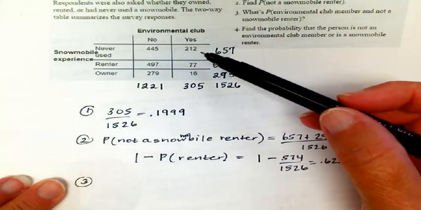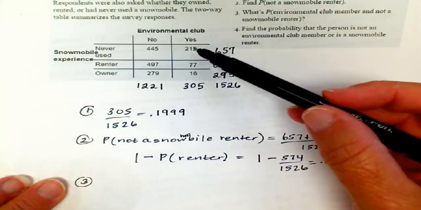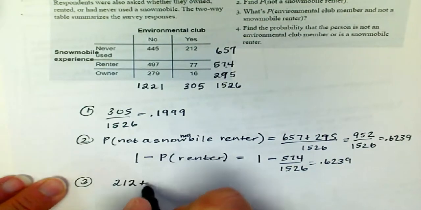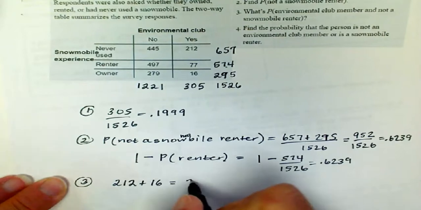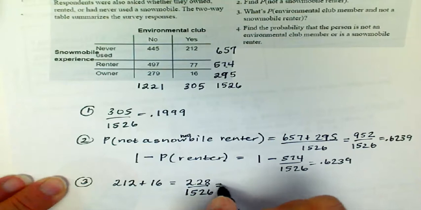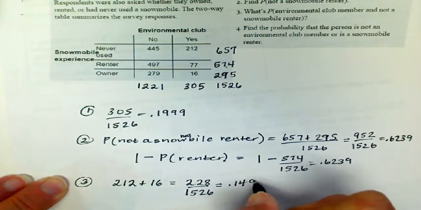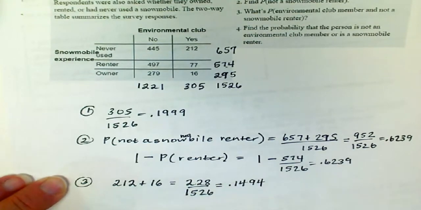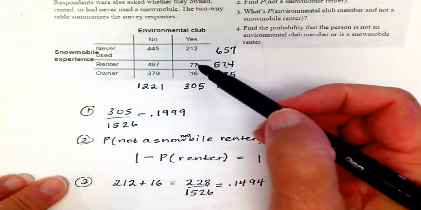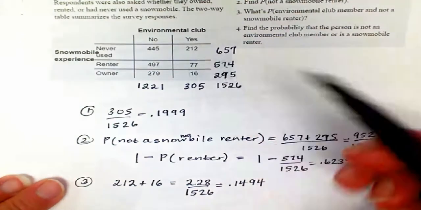So what you would want to do here is, here's the renter, so you'd want to add the 212 and the 16. 212 plus 16 is 228. So 228 over 1526. And that's equal to 0.4194. Okay, so we kind of just went through and it was a yes, and not a snowmobile renter. So you could just add those two.